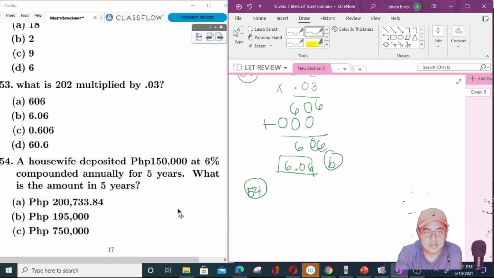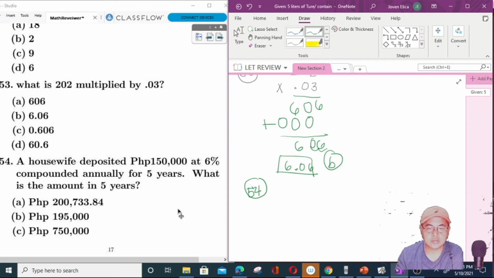So this is a compound interest problem. So I will review. One of the common problems that you might be encountering in the board exam is simple interest and compound interest.